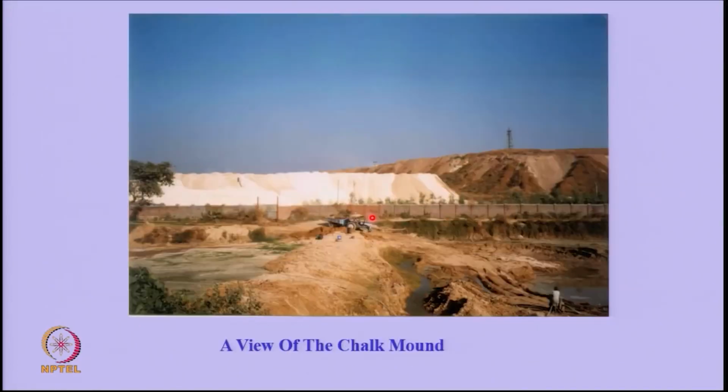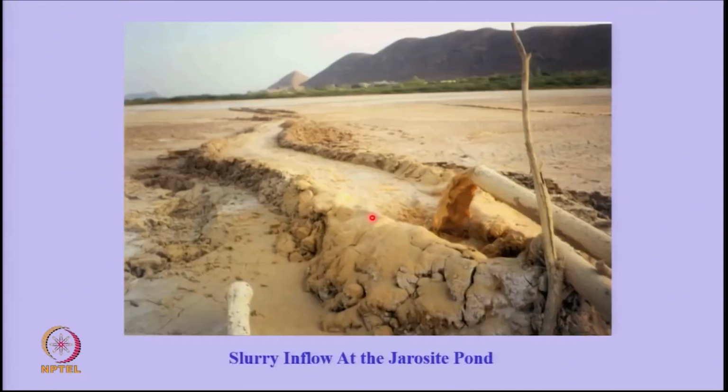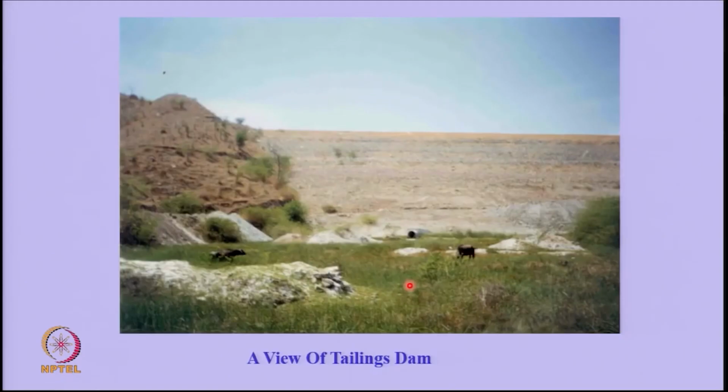This is a view of a chalk mound, again a dry disposal of chalk, again powder. This is a process fluid coming out from the lead zinc tailing process, so it's a slurry. It's been put in a pond. So this is basically going to deposit. It's called the jarosite process fluid, and this will impact the environment. And as I talked to you, there was the issue about tailings dams.